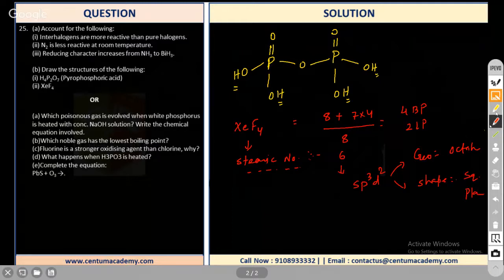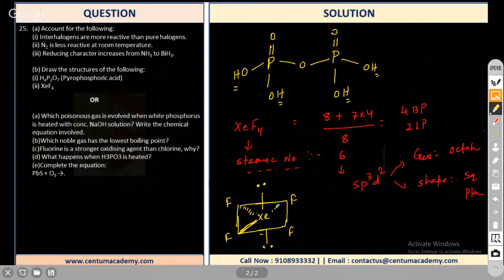Square planar. Now here you see, if you draw the geometry of this, we have xenon present at the center of this square, and 4 fluorine atoms at the corners of the square, right? One lone pair here and the other one here at the bottom, right? In the three-dimensional structure, one of these bonds is going into the plane, and this one is coming out of the plane, the dark line.